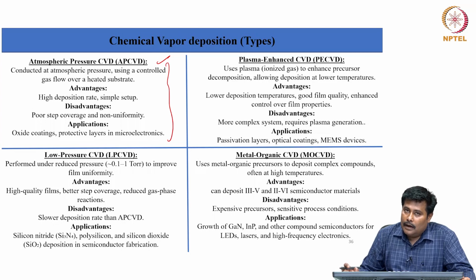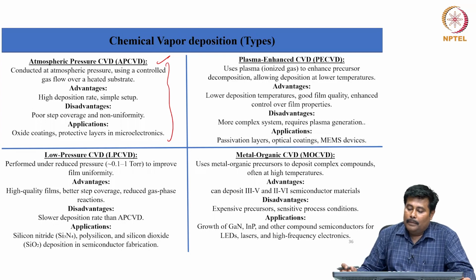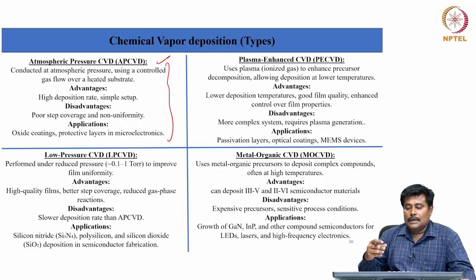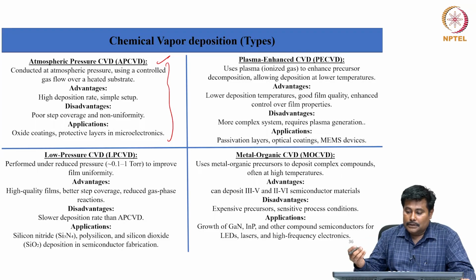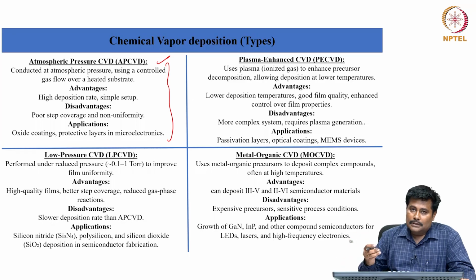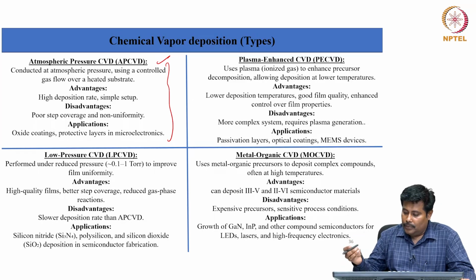Next, we have the plasma enhanced chemical vapor deposition process. It uses a plasma, which is nothing but an ionized gas, to enhance the precursor deposition, allowing deposition at a lower temperature. The main advantages are the lower deposition temperature, good film quality, and enhanced control over the film properties.